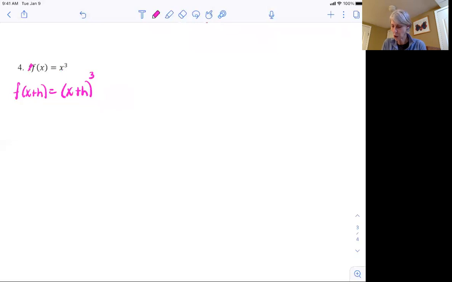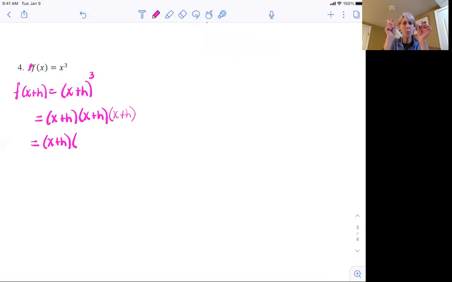So x plus h cubed is x plus h times x plus h times x plus h. Terrible. I'll leave this one alone. I'll FOIL out these two guys, but hopefully you know that this is really just x squared plus 2xh plus h squared.